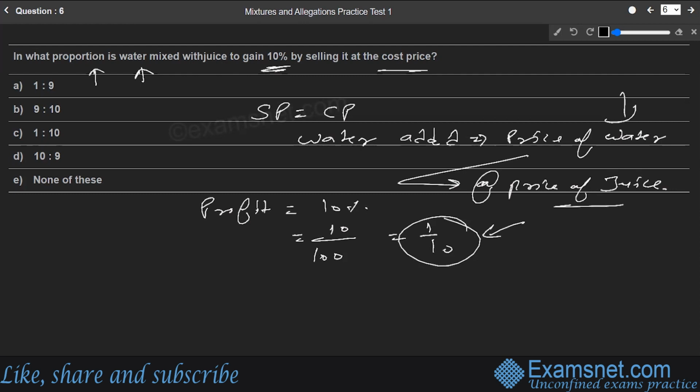If you are gaining 1 by 10 profit, then the proportion mixed, water to juice, will be 1 is to 10. 1 part of water in 10 parts of juice, and that's what becomes your profit, giving it 10%. So the ratio of water to juice is 1 is to 10, available in option C, and that is the right answer.